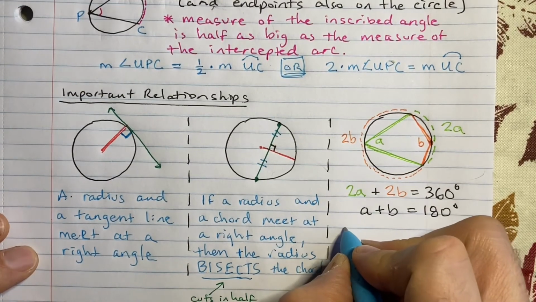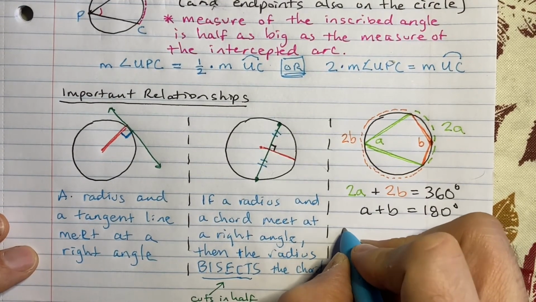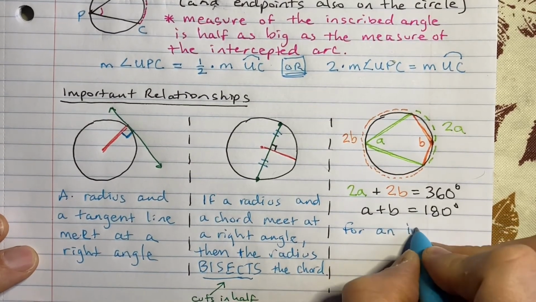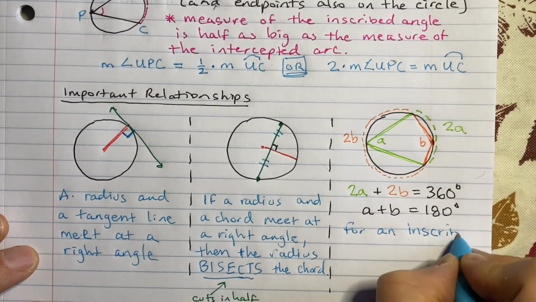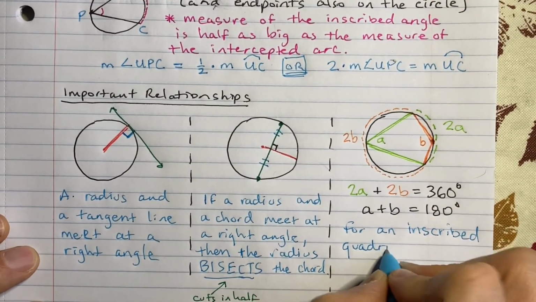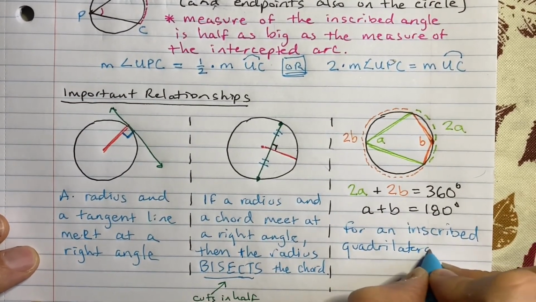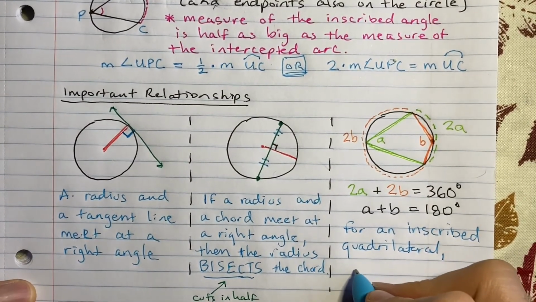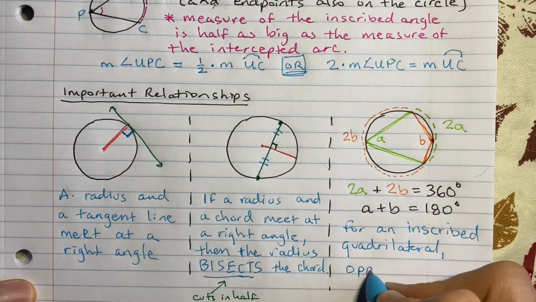So we'll say for an inscribed quadrilateral, opposite angles are supplementary.